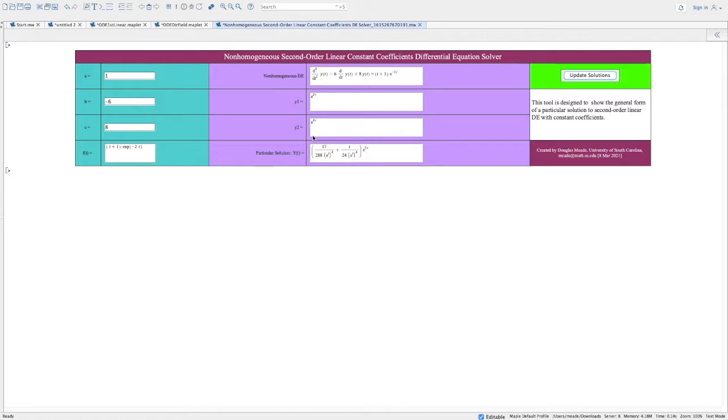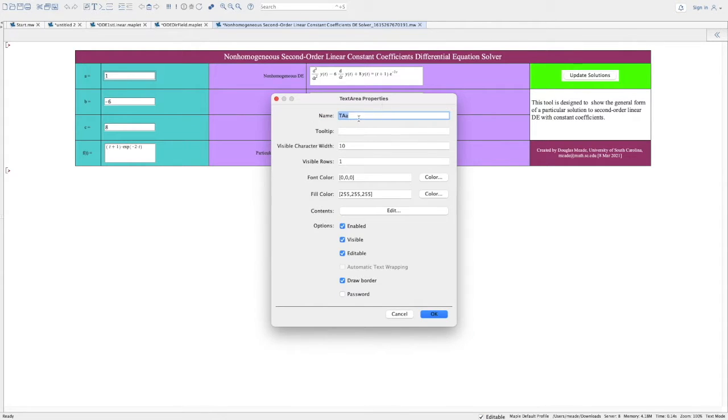And so what I have here in a Maple worksheet is a table, and I've done different colors to indicate things, but you can see the rows and columns, and over here there's a couple cells that have been merged together. If I right click on one of these cells, I see that these are all embedded components, and that component property is a text area, and I gave it the name TAA.